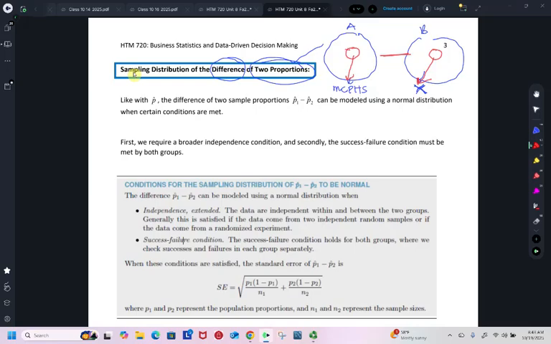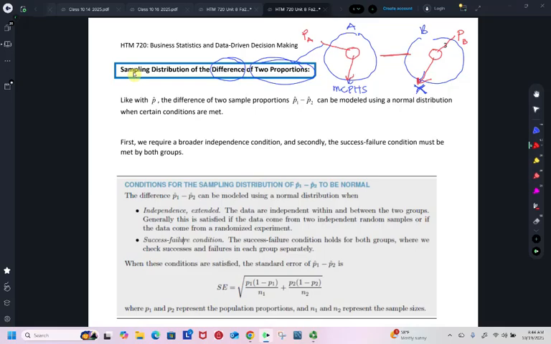So we have the proportion of those in population A who own a car and the proportion of those in the other population who also own a car, so that we're not comparing other kinds of proportions. We stick to the proportion of those who own a car in the first population and the proportion of those who own a car in the second population.